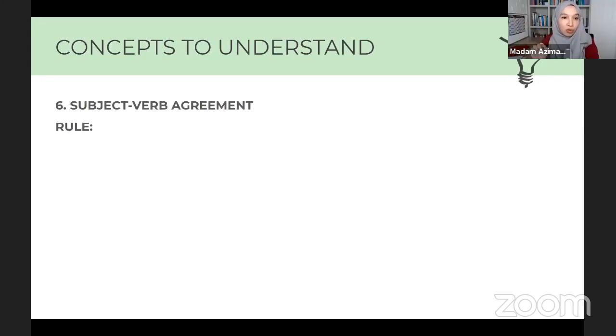subject-verb agreement rule. Now, you've learned this, I believe, in high school, university, maybe even primary school. So every subject must agree with the verb. Remember I said what's a subject? Have I told you what a subject is yet? So subjects are noun, pronoun, noun phrase, remember?